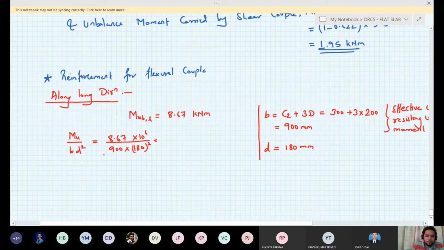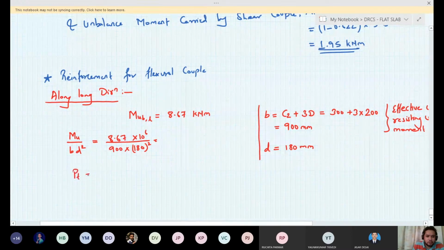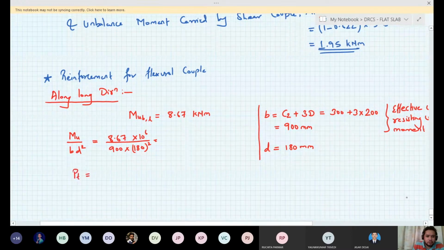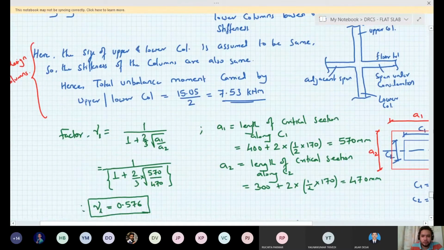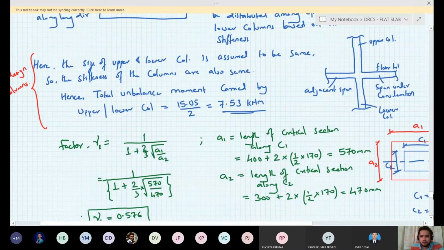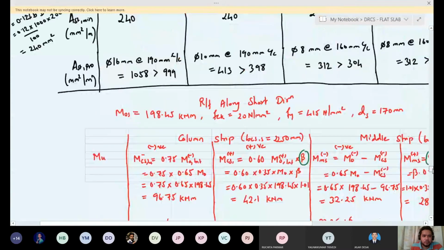Then you find out PT. The formula for PT is also given to you, the same as we use for this case.